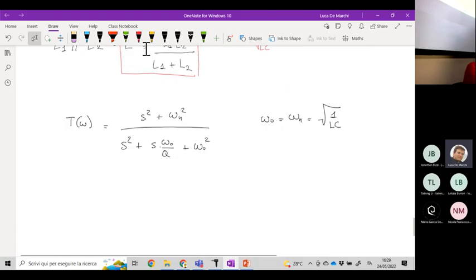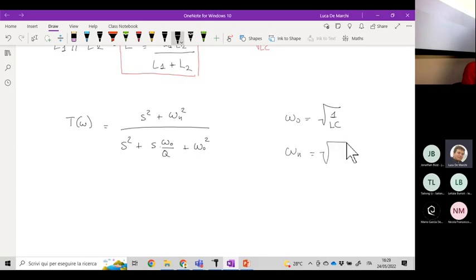In this new case, omega 0 is equal to the square root of 1 over LC, while omega n is equal to the square root of 1 over L1 C1.